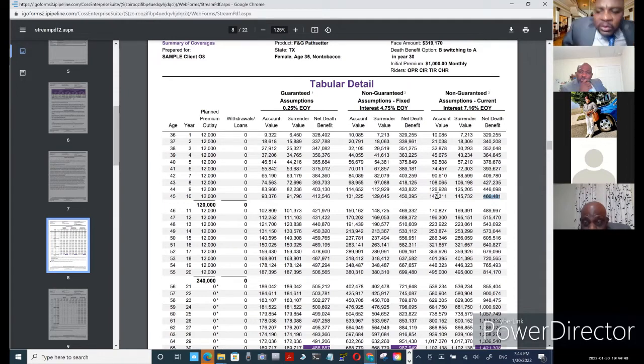If you have to pay 30% tax on this, let's even say 25% tax, you see how much money you're going to lose. But here, this is tax-free money. It looks like you're not making money, but you've made $47,000 in just 10 years.